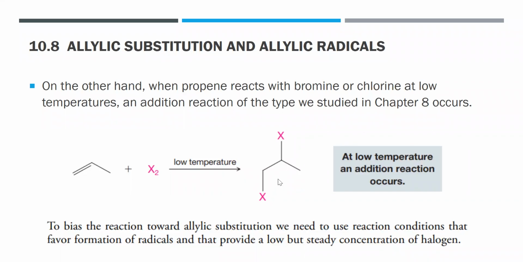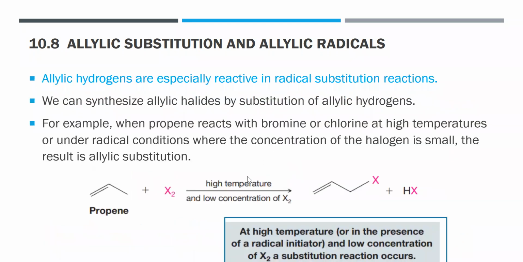And the addition is anti, because you will actually get your halonium ion, which is an electrophilic addition reaction. So once you have your 3-membered ring here, the nucleophile will add opposite to the ring, and you have the anti-addition. But again, once you have the presence of high temperature, we have allylic substitution reaction.